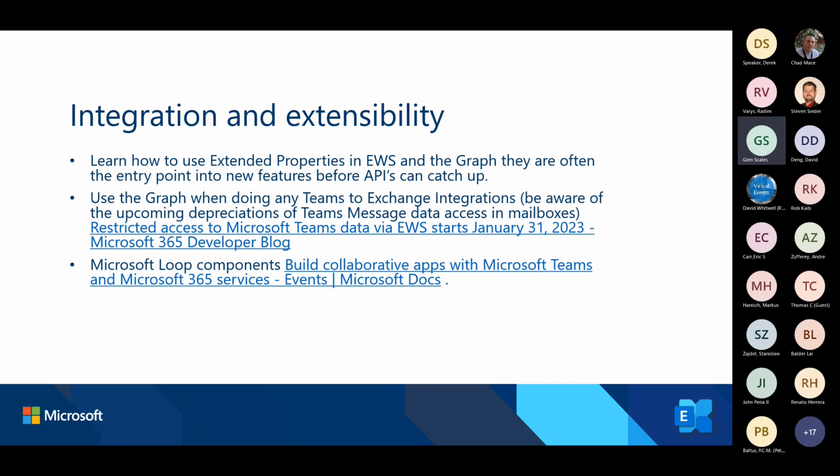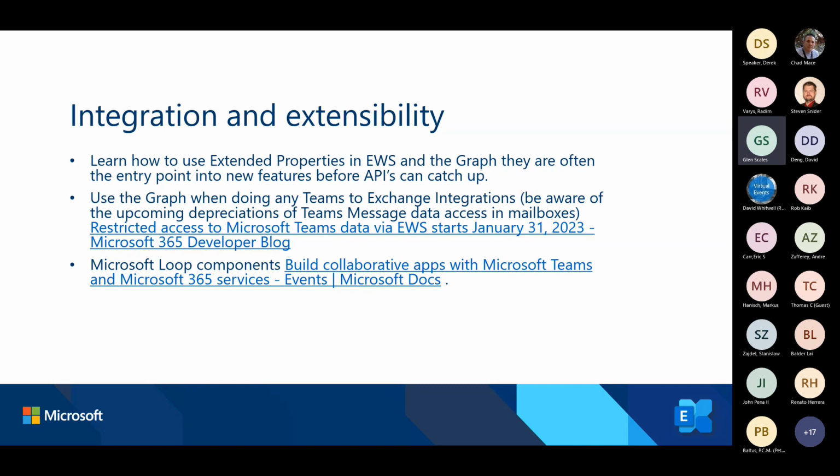So with Teams integration, Microsoft recently announced that they were going to restrict access to the Teams compliance data that has always been stored within a mailbox via EWS. It was supposed to start in October, but they've pushed it back another 3 months to January 31st. This can be an issue for a lot of applications, especially existing applications that have used those compliance records.